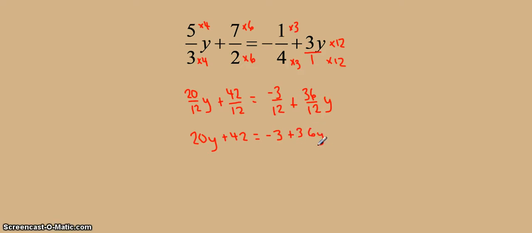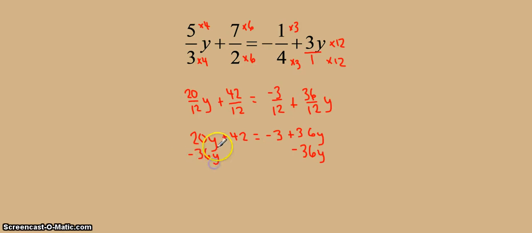As you can see, we still have variables on both sides of the equal sign. We don't want any variables left here on the right. So we need to get rid of positive 36y. So the opposite is to subtract 36y from both sides of the equal sign.